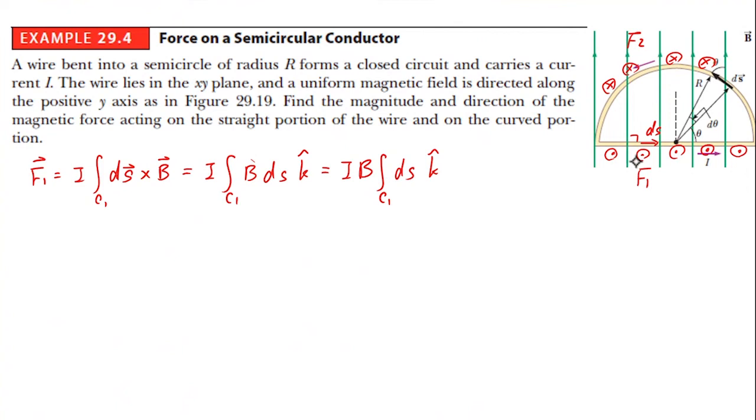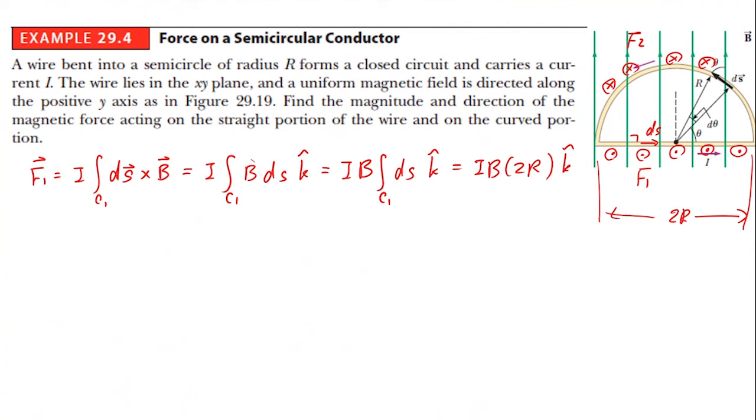And that path from here to here happens to be, r is here, so 2r. You know what I mean? So this thingy is then I B times 2r. And that's the amount of force in the upward direction.